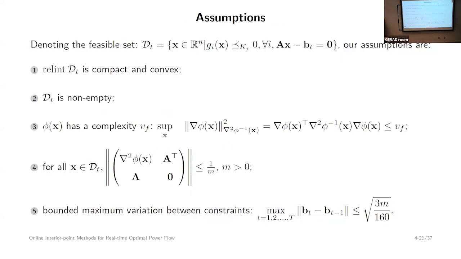Let's make a few assumptions before we get into the result. Let's denote curly d as our feasible set. I'll need curly d at every time step to have a relative interior that is compact, convex, and non-empty. I'll also bound the complexity of my barrier functional. This is a standard term, given by the sup of this term.